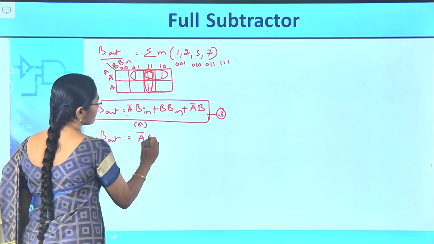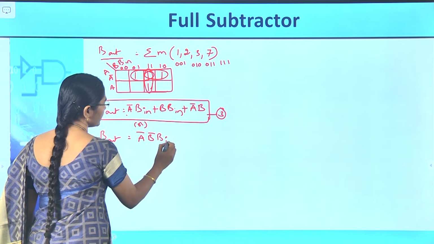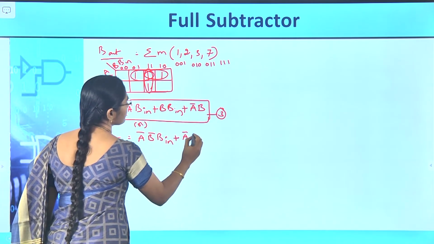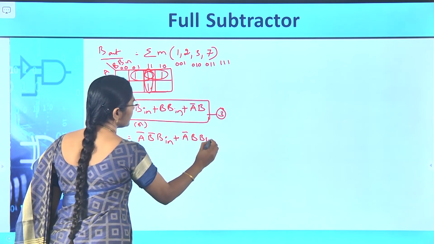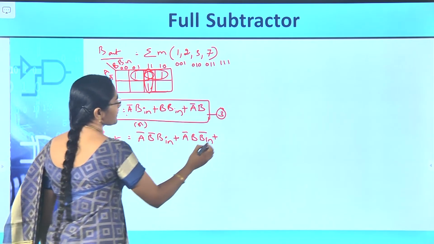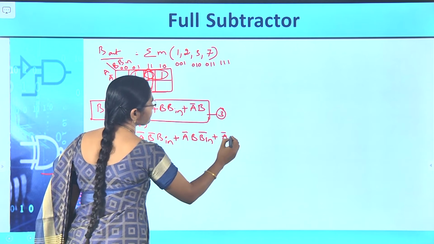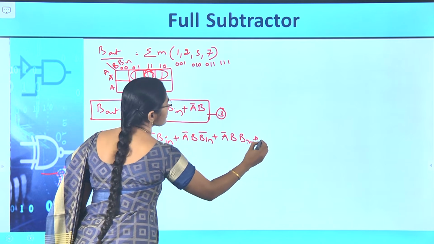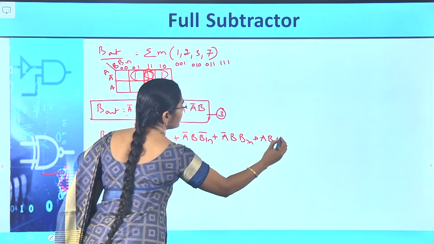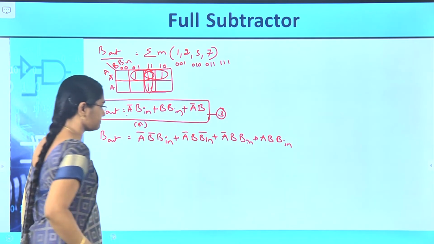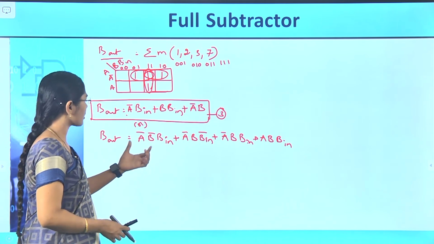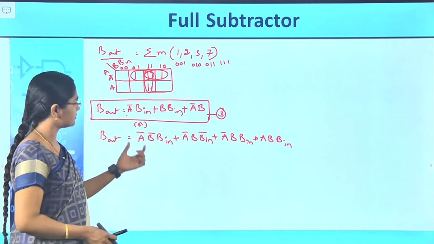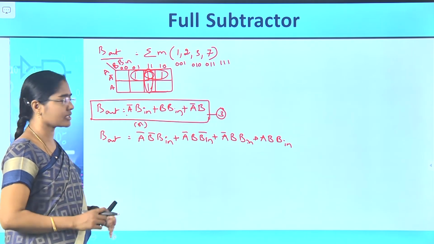A bar B bar B in plus A bar B B in bar plus A bar B B in plus A B B in. This is the borrow out expression if it is represented as original minterms directly without simplification.